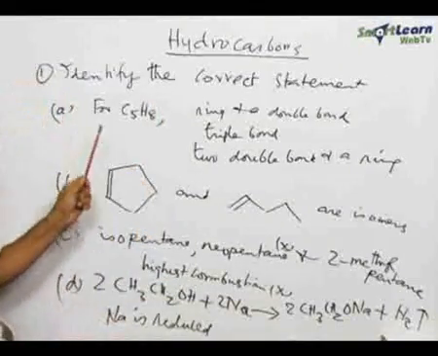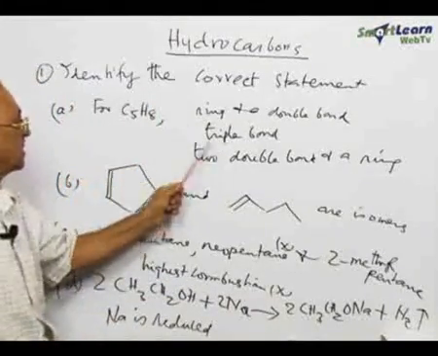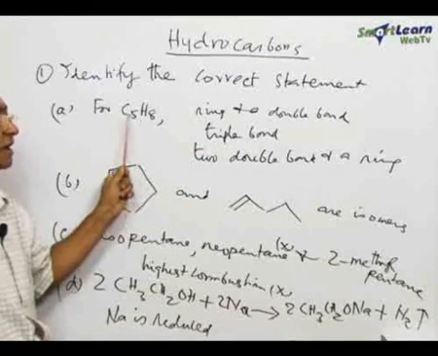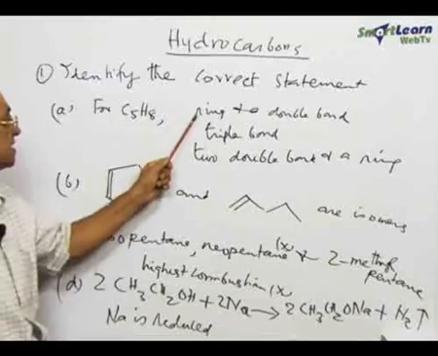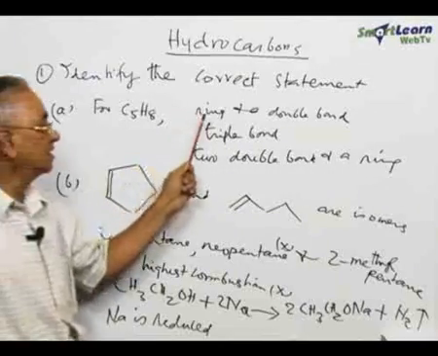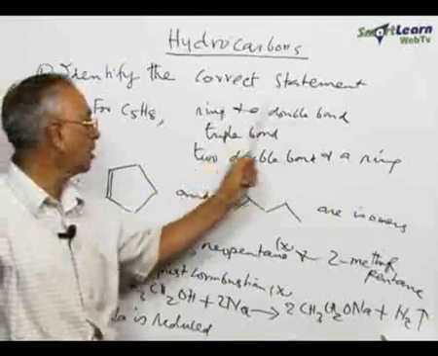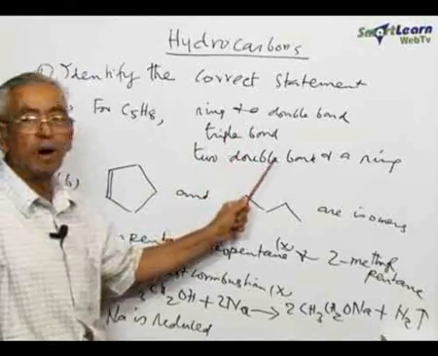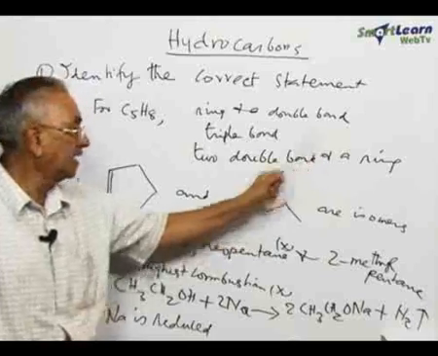The first statement says, slightly written in an abridged form, for the formula C5H8, the compound can have 3 possibilities, namely a ring and a double bond, a triple bond, or 2 double bonds and a ring.